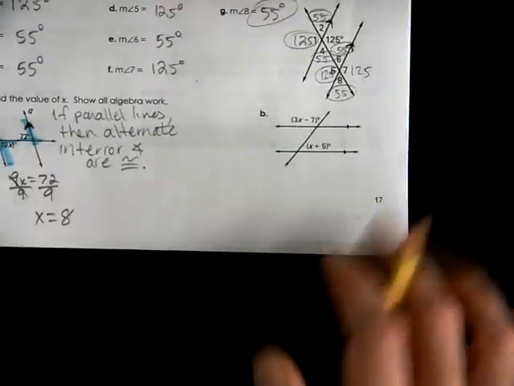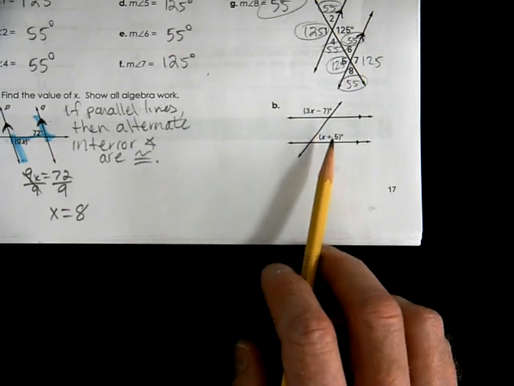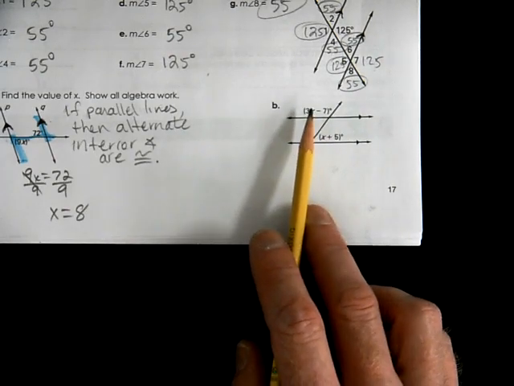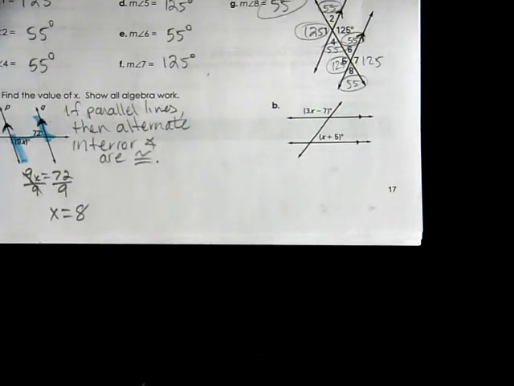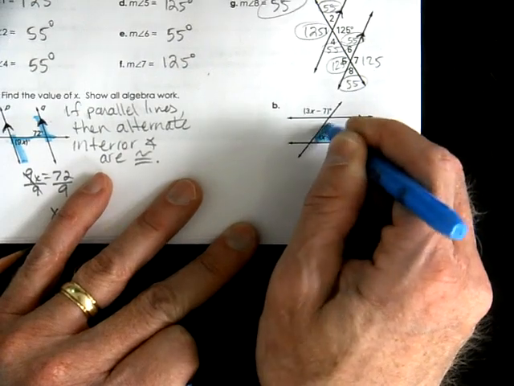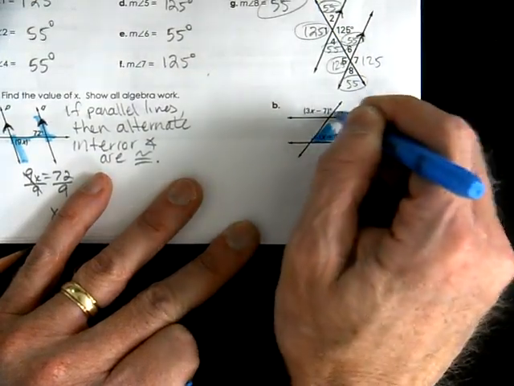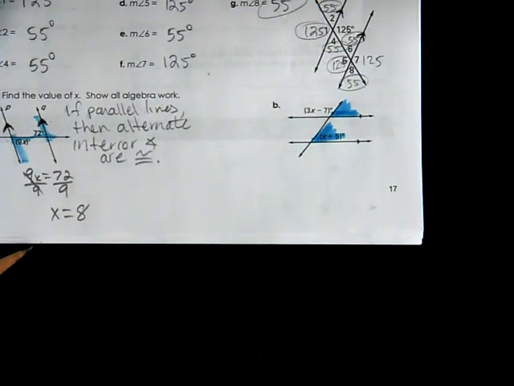We come over here to the next example. What do we see? We know that this angle here and this angle here, they're considered corresponding angles.